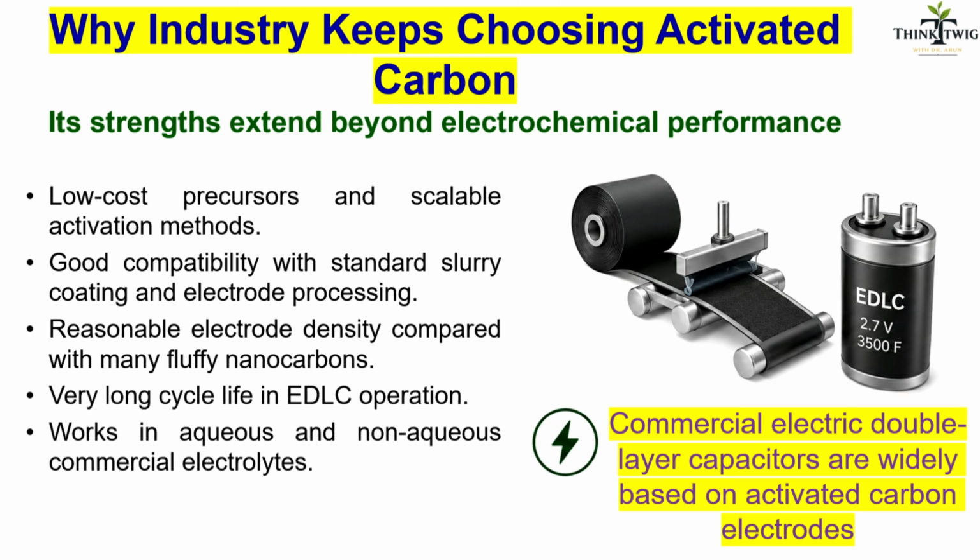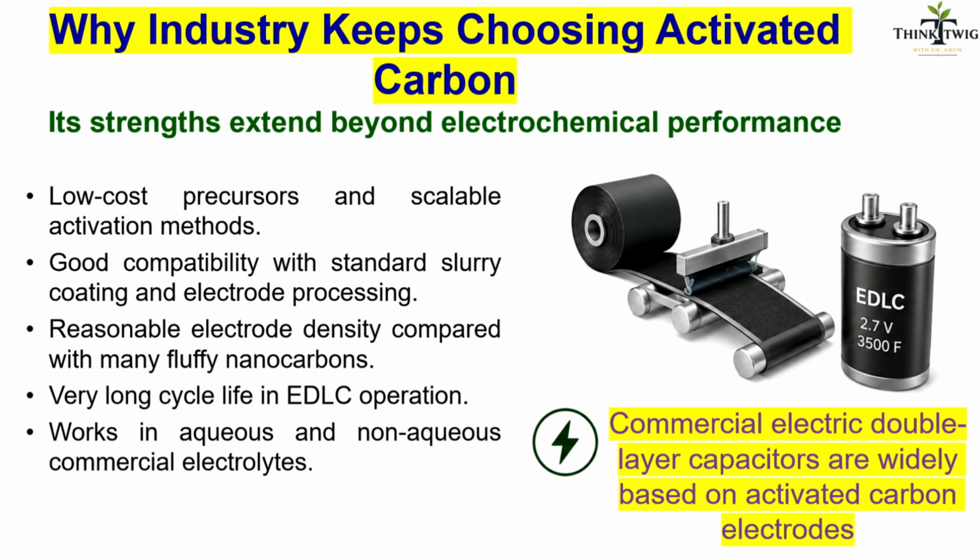Then comes cycle life. For EDLC operation or electric double layer operation, activated carbon can provide very long cycling stability. It can also operate with both aqueous and non-aqueous commercial electrode systems. So from the industrial point of view, activated carbon is not winning because of one interesting property.